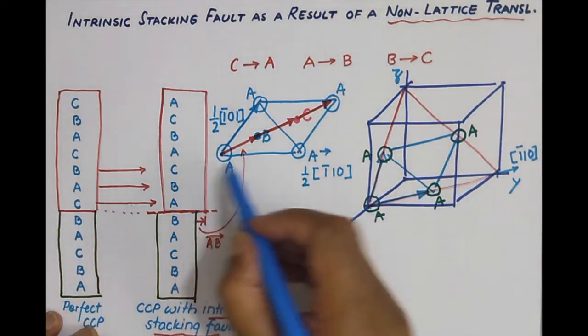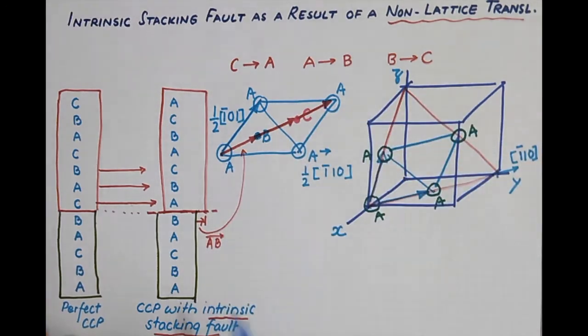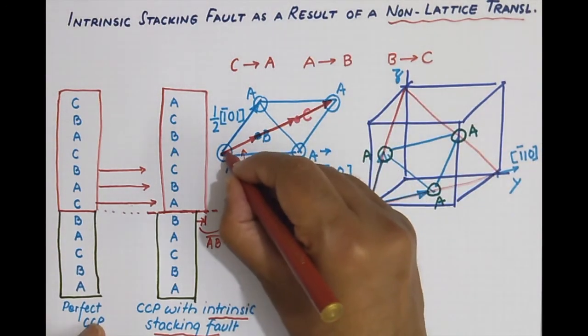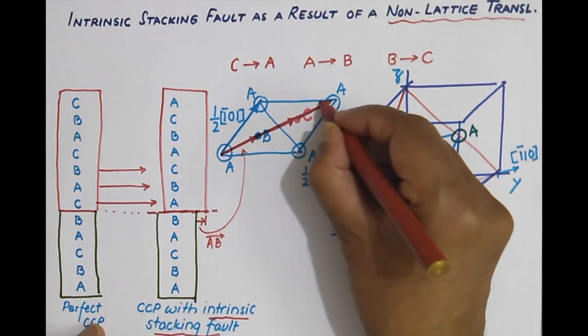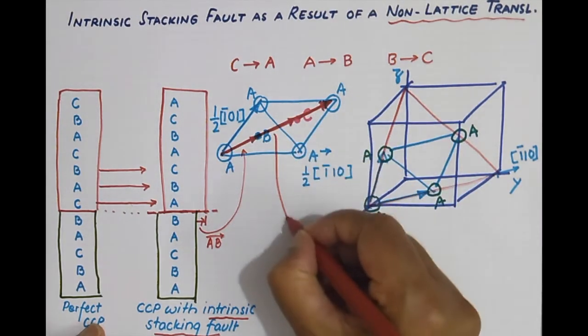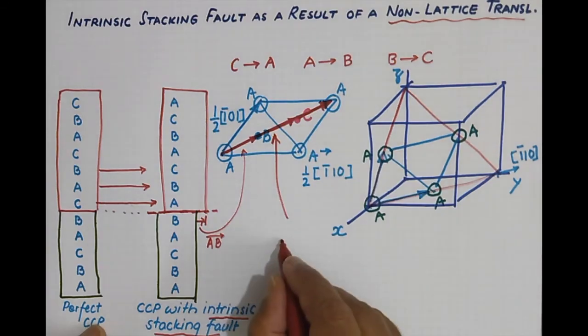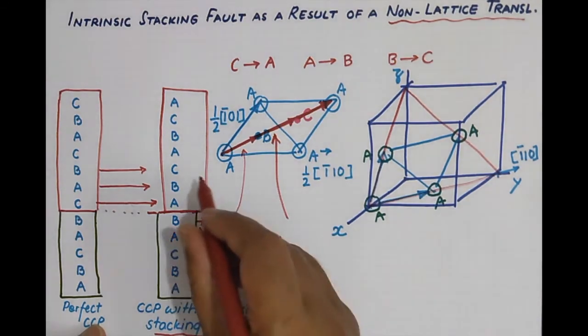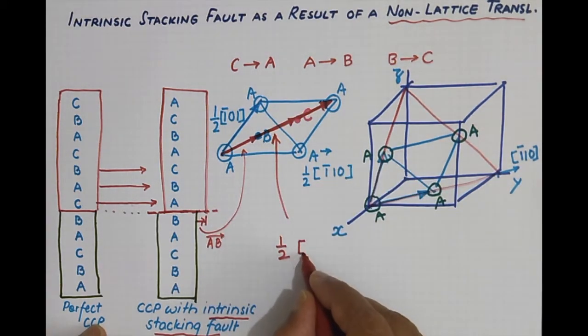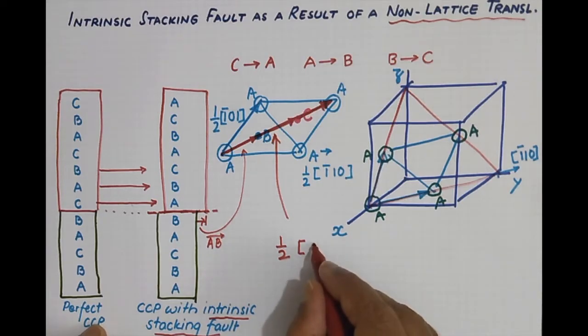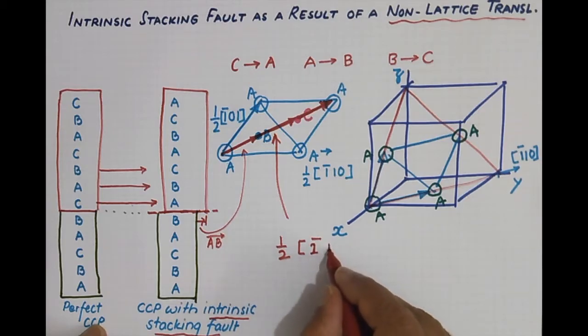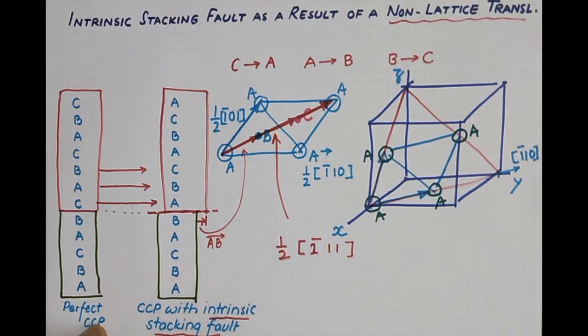So if we add these two together, this AA vector, the long AA vector, the red vector, this full length will come out to be the sum of these two vectors. So that is half 2 bar 1 1.